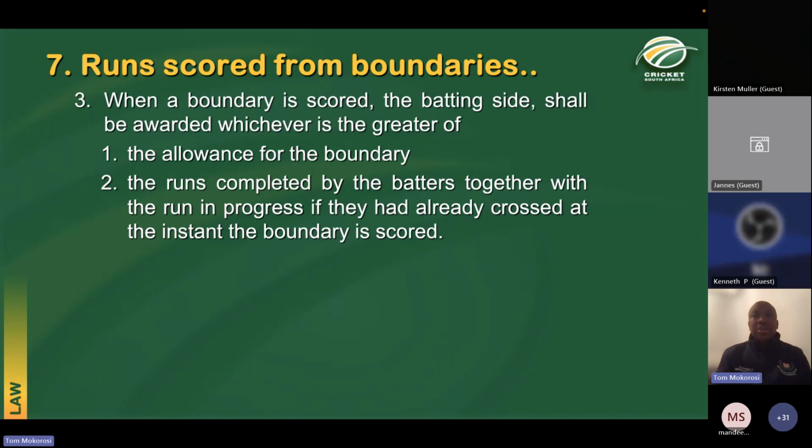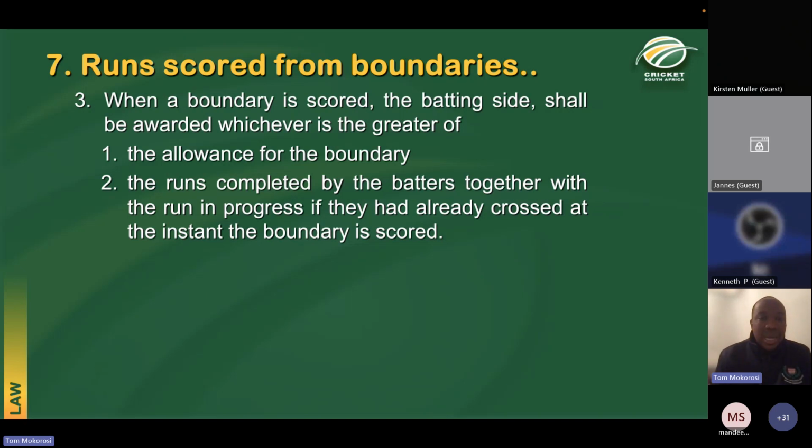If, however, the batter hits the ball and it's a really big boundary, say one of the bigger ones in Australia, like the Melbourne Cricket Ground or Sydney Cricket Ground, and let's say all the fielders are on the offside and the batter hits a leg glance which trickles slowly towards the long leg boundary, and before the ball crosses the boundary, the batters have actually completed 5 runs, and only then does the ball cross the boundary.